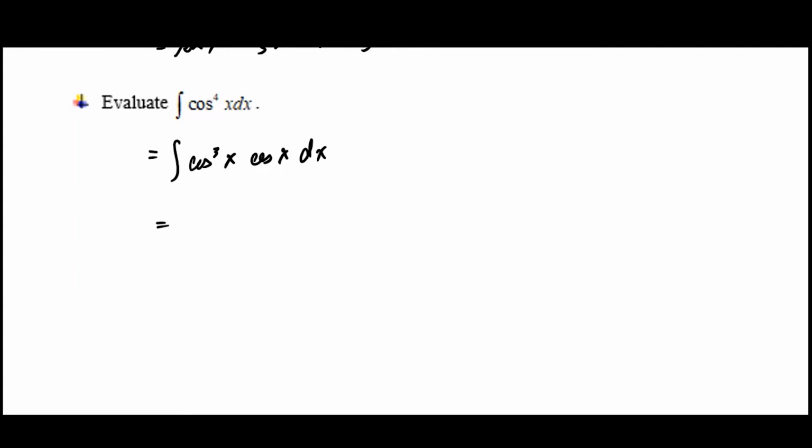We got stuck. Do you see we're stuck? I mean, you can say it is 1 minus sine squared x times cosine x, cosine. You know what I'm saying? If this is u, that du and that cosine is still around. So that messes us up.